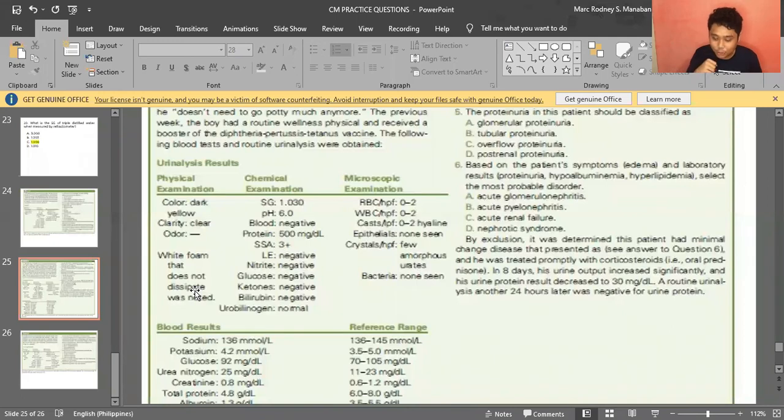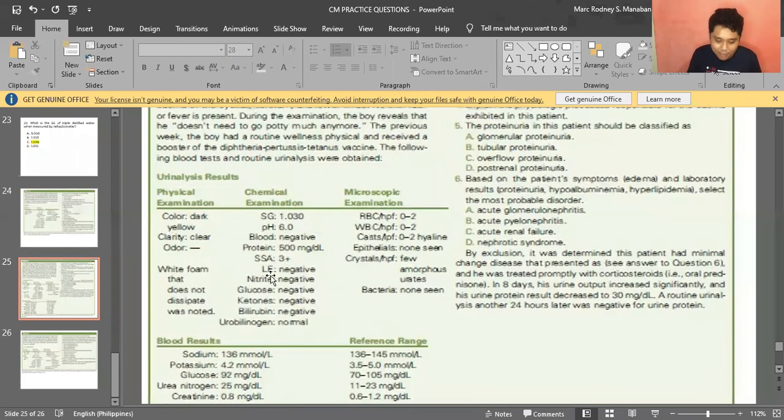So what does it mean when there is high level and white foam? It's your protein. You also have WBCs, casts, amorphous urates, all right? But again, the most distinct are your SSA and protein.